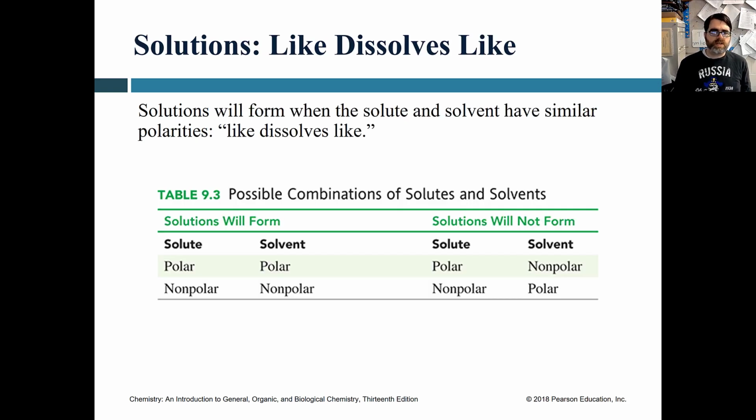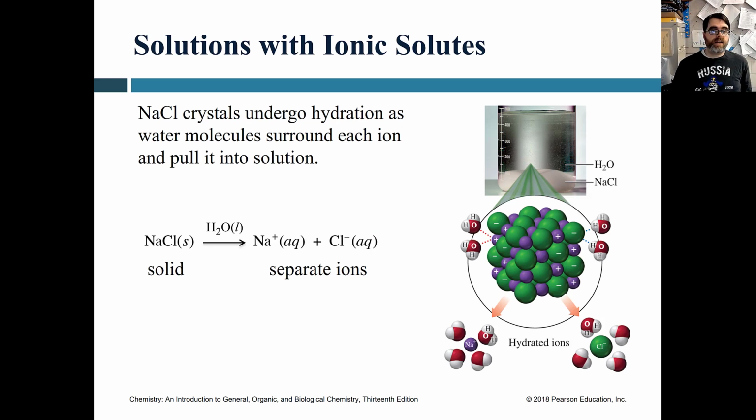The way we normally describe this is that like dissolves like. That is, polar stuff will dissolve other polar stuff, and nonpolar stuff will dissolve other nonpolar stuff. But if you try to mix polar and nonpolar, they won't mix. Here, as I've mentioned already, these things dissociate. They break apart into individual ions when they dissolve.